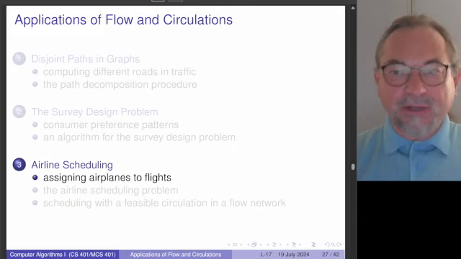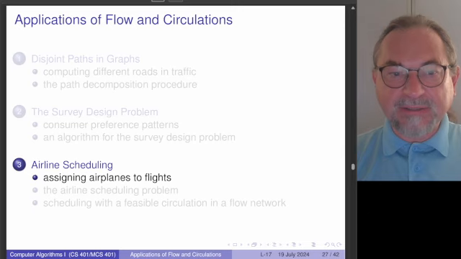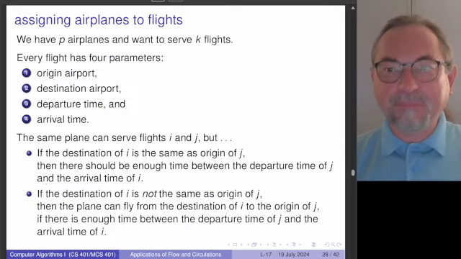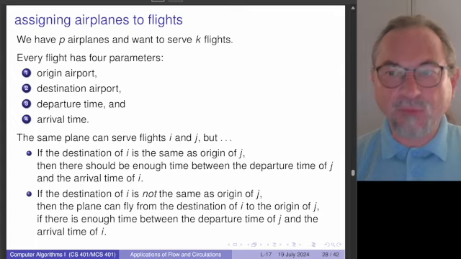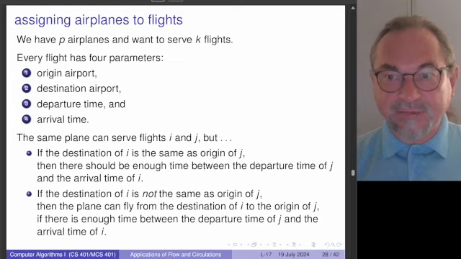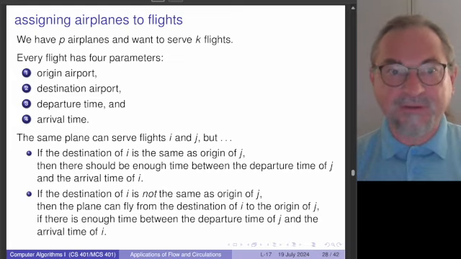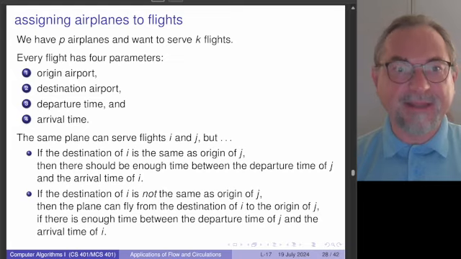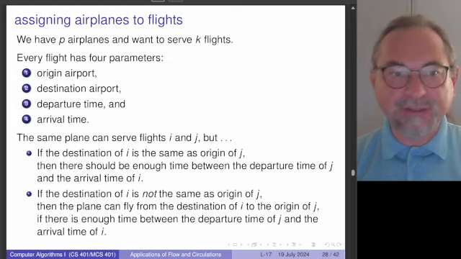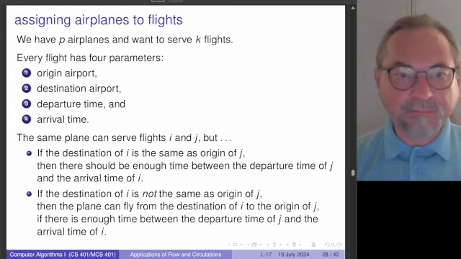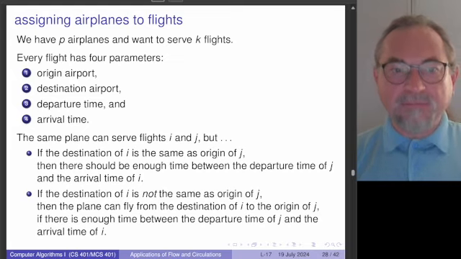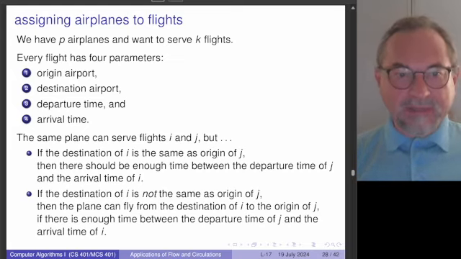We want to assign airplanes to flights. So we have P airplanes and we want to serve K flights. The short question is, is it sufficient to have that many airplanes? Every flight is given by an origin and a destination airport and a departure and arrival time. So we have a number of flights.